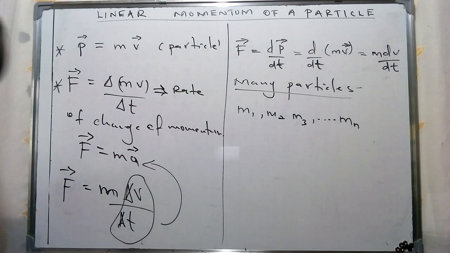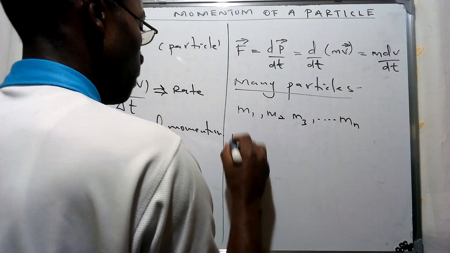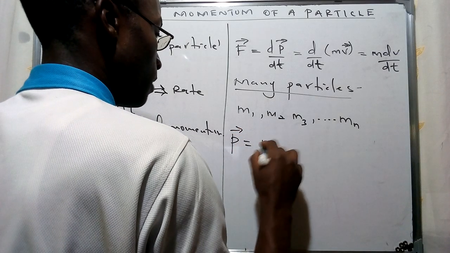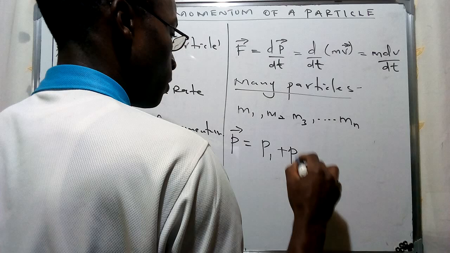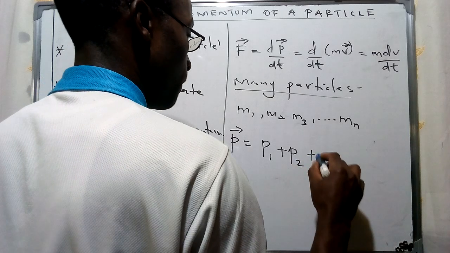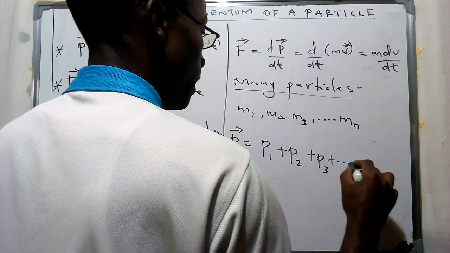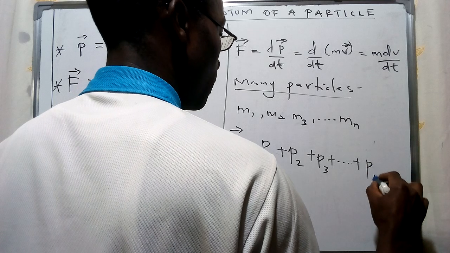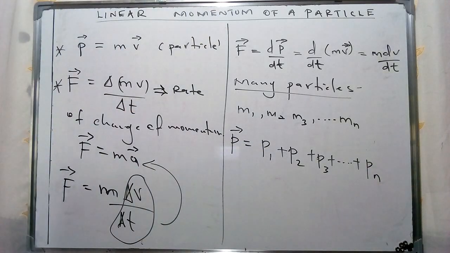Therefore, we can give their total momentum as p, and this p is going to be the summation of the individual momentums of the particles, p1, p2, p3, up to pn. So in this case, it represents the total momentum.